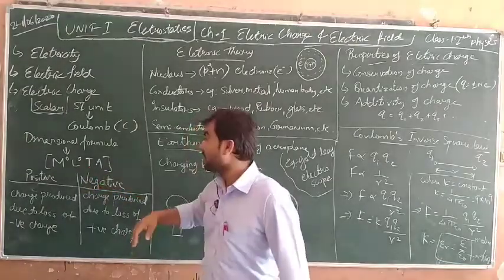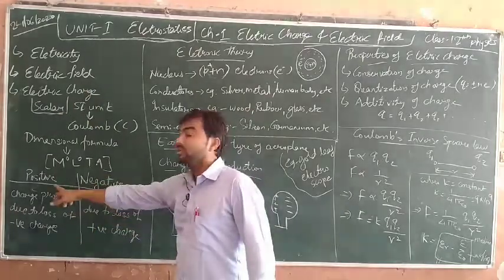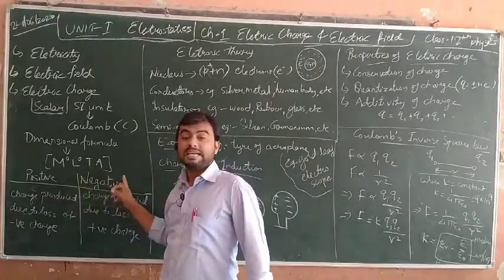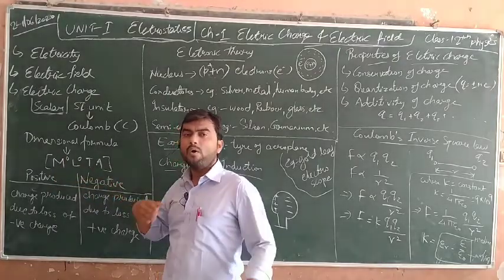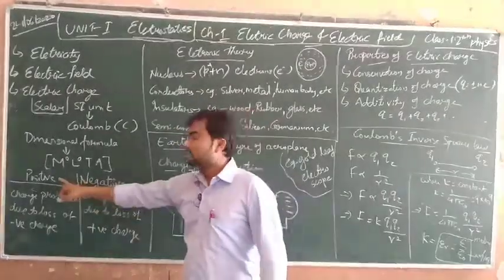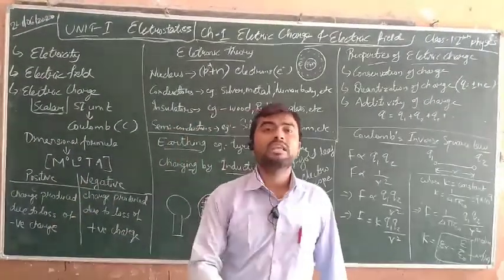Again, electric charge is distinguished into two different parts: positive and negative charge. How are they defined? Positive charge is defined as the charge produced due to the loss of negative charge.